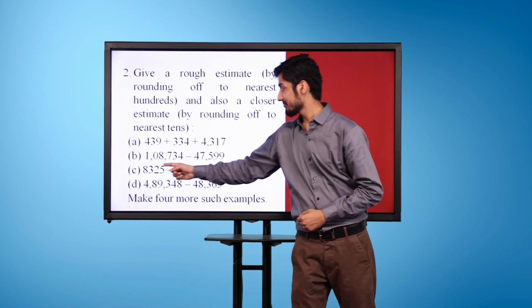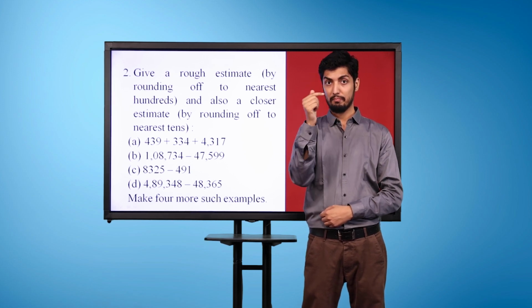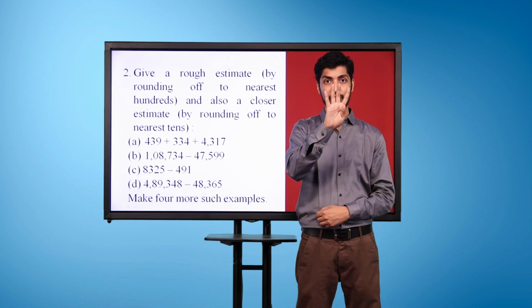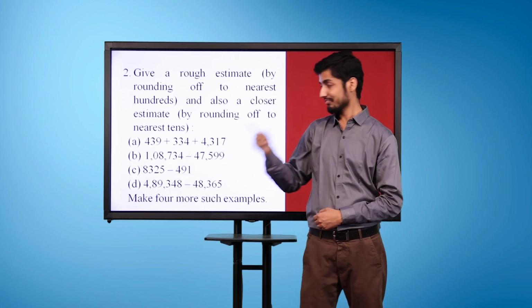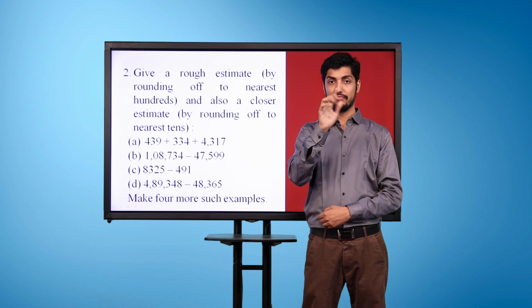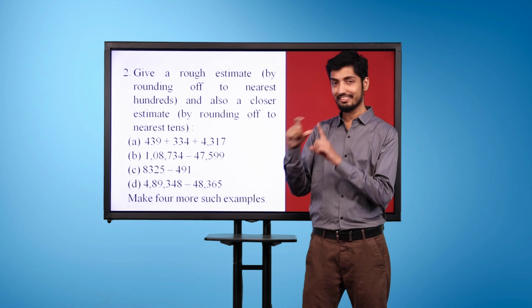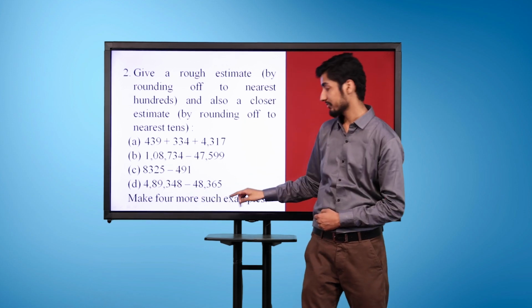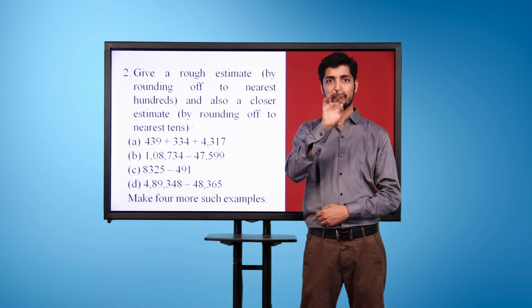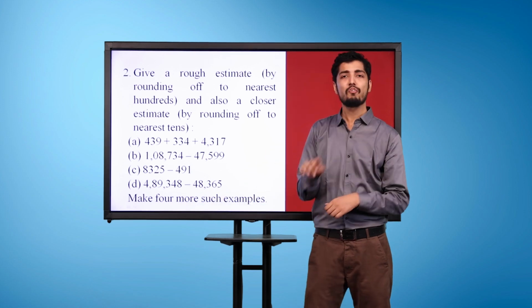B. 1,08,734 minus 47,599. C. 8,325 minus 491. D. 4,89,348 minus 48,365. Make 4 more such examples.